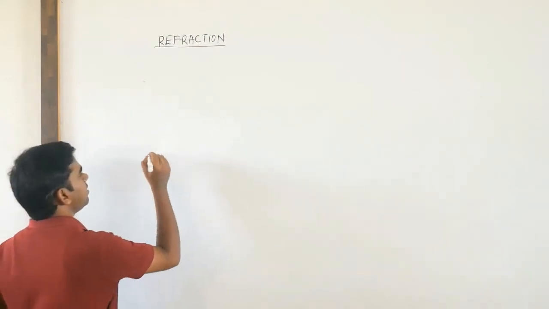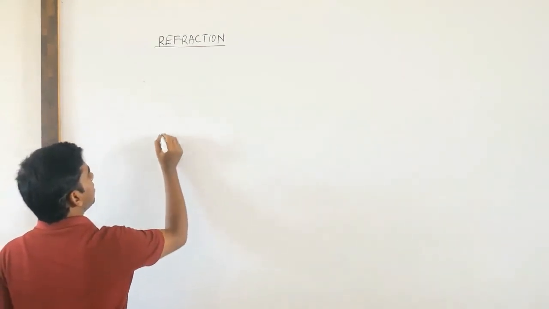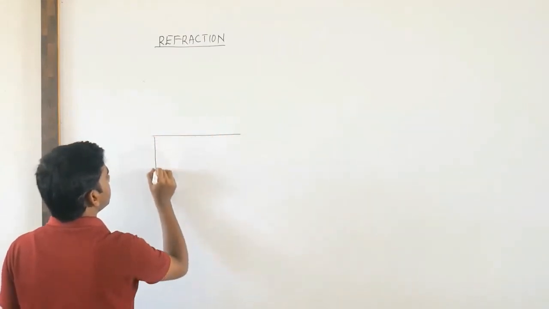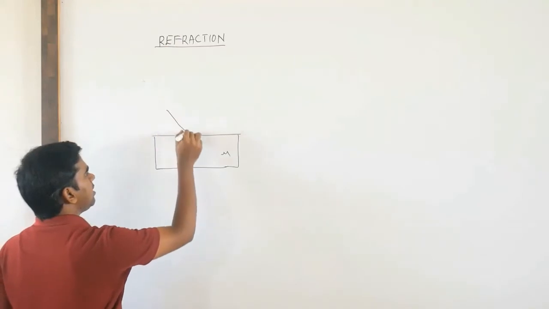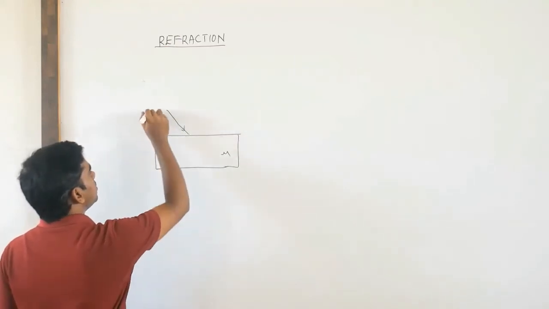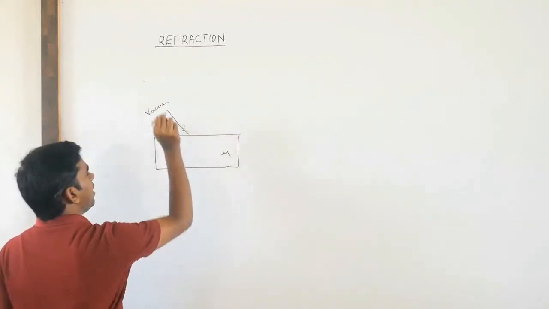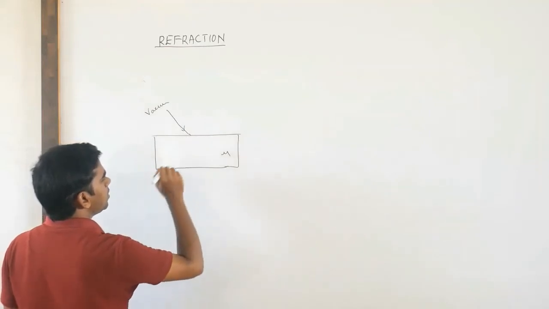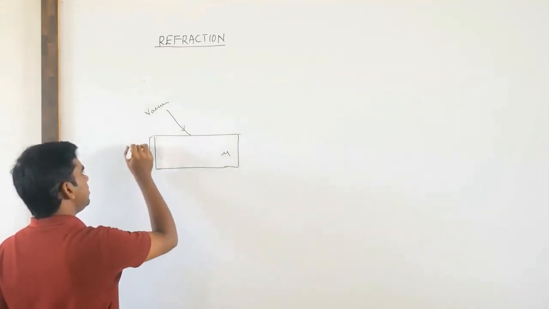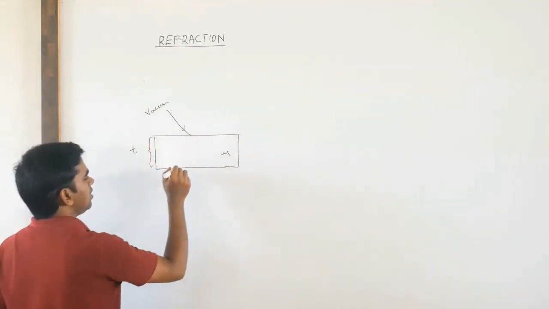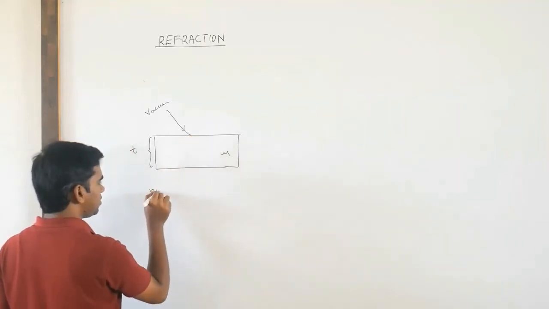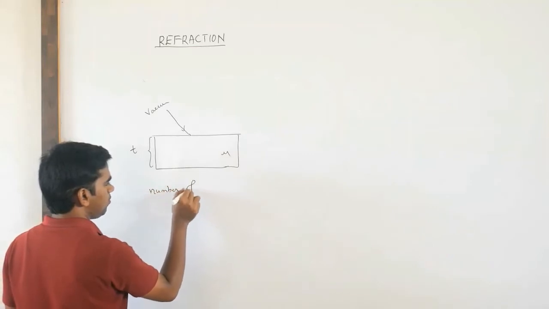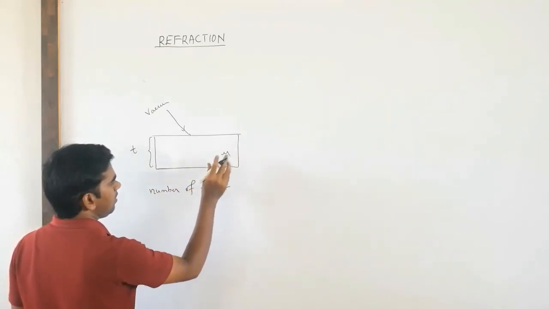Suppose you are having a medium whose refractive index is say mu. A ray of light comes from a vacuum. If the thickness of this is T, they are asking the number of waves that pass through this medium.